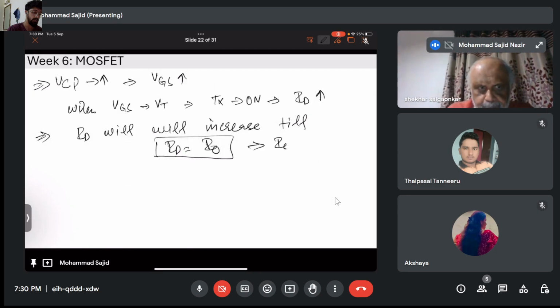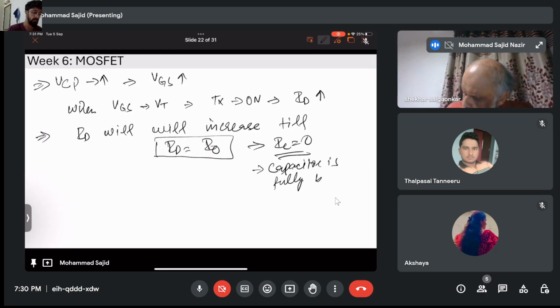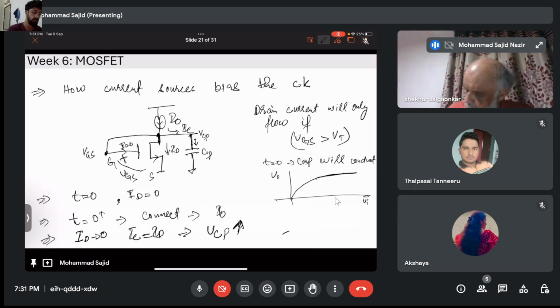And at this time, IC is 0. That means the capacitor is in a fully blocking state. Alright. So when ID is I naught, your whole current from the current source is flowing through the transistor, and at that time VCP is such that no current flows through the capacitor. Alright, so this is how current biasing is done.